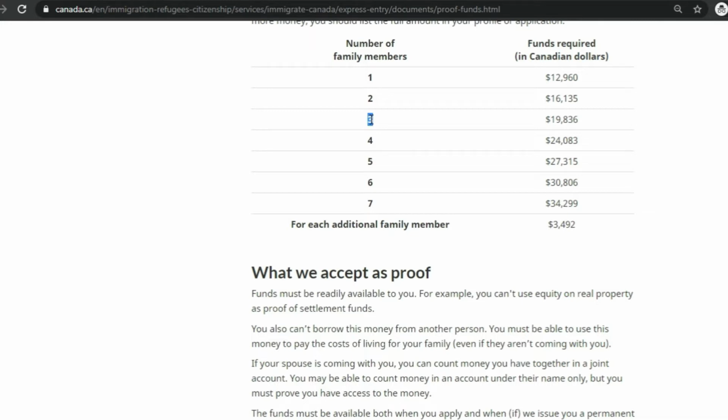So for a family of 3, how much is required? 19,836 Canadian dollars. And for a head count of 2, it is 16,135. You can check the rest of the head counts, and if there is a family size bigger than 7, then for each additional family member, you need to add 3,492. Okay, this part is clear on how much money to bring in terms of Canadian dollars.